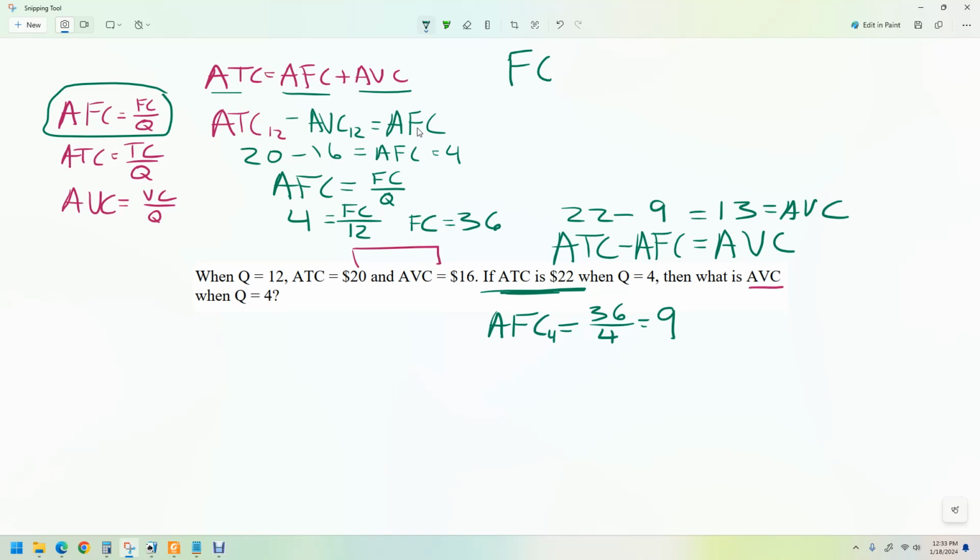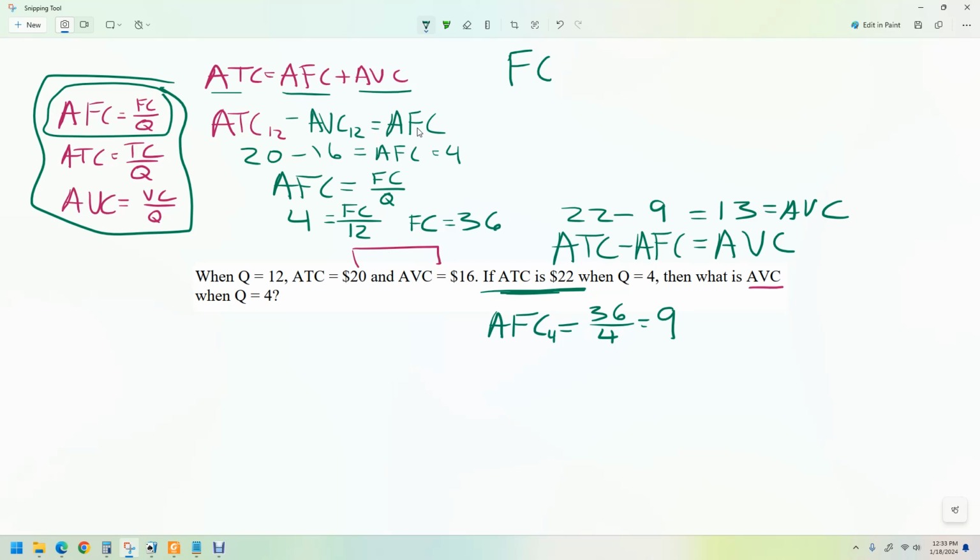Now, if you wanted to check it, here's what you could do. The average total cost we're given is 22. We could rearrange this so that we get out the fixed cost, the total cost, and the variable cost. We know for certain that the average fixed cost is 9, and the total fixed cost is 36.